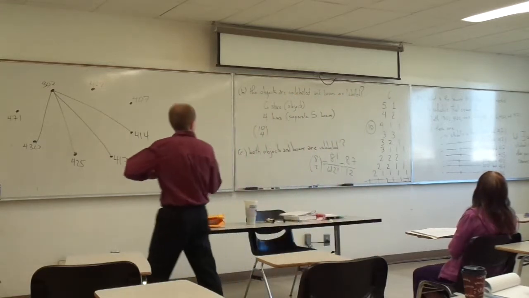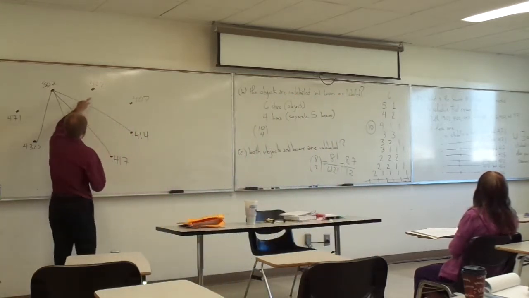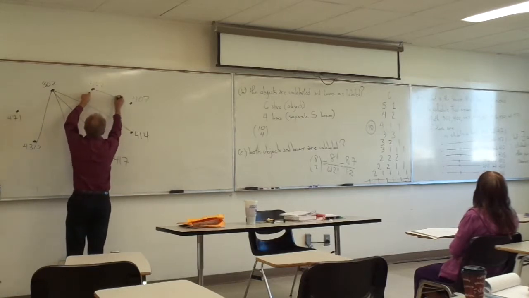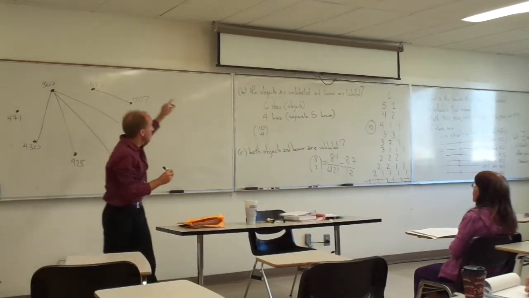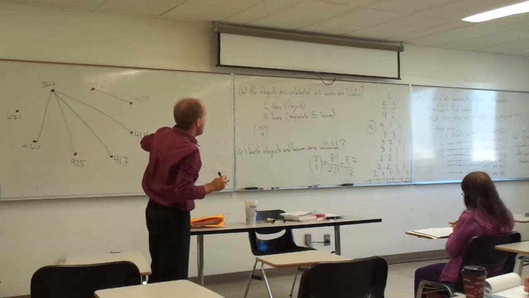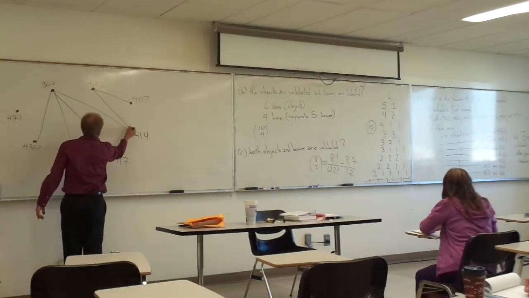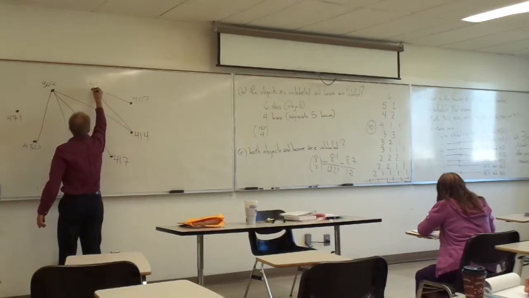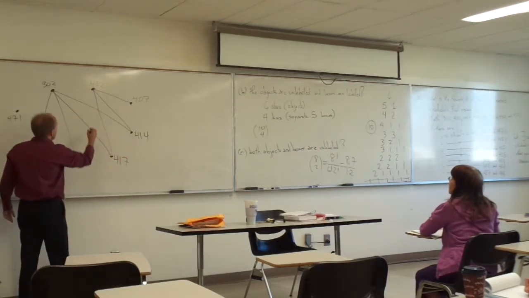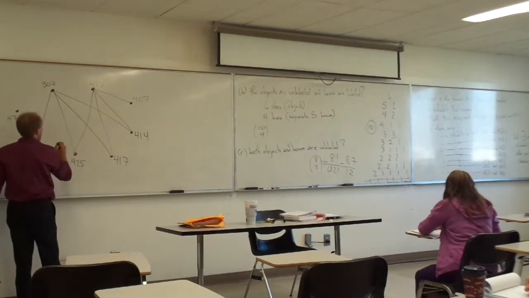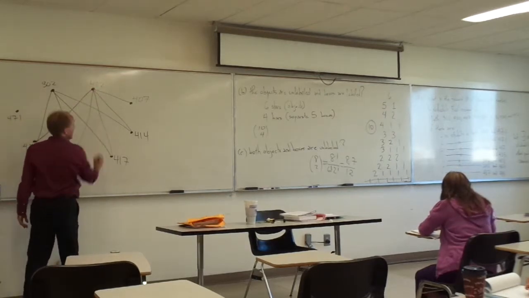Okay, how about for 402? What can I connect 402 with? Okay, that means there is a common student in 402 and 407, right? Okay, what else? 414, all right. What else? 417, 425. All right, go like that.